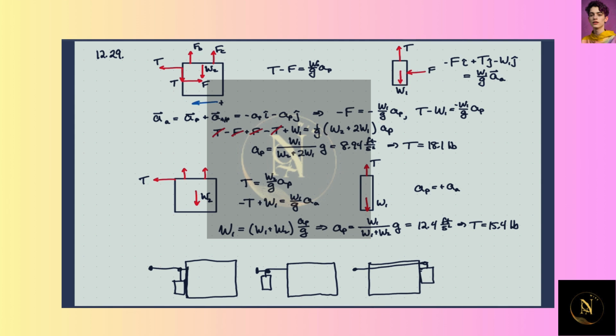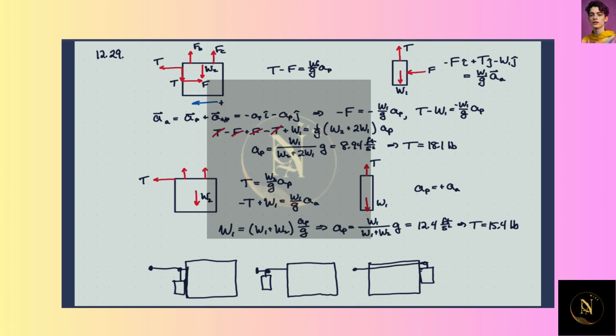In full vector form, we have minus F in the i direction, since I said that was positive, plus T in the j direction, minus its weight in the j direction, equals its mass times the acceleration vector of this block. And that's what we don't know, because it's going down, we know, but it's also being pushed this way.